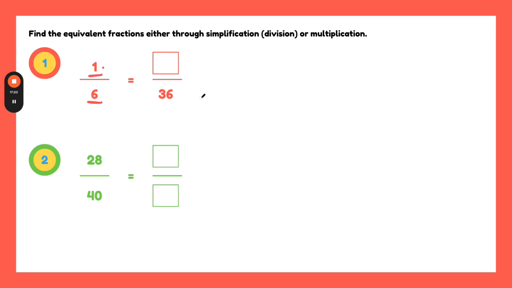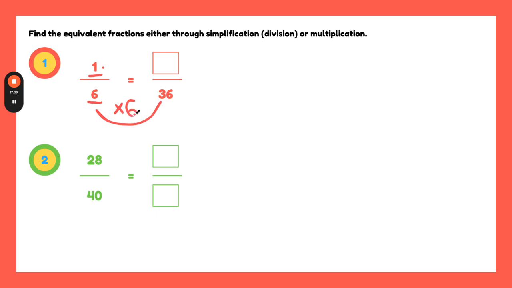We multiply. And what do we multiply by? 6. So from here to here, we multiply by 6.